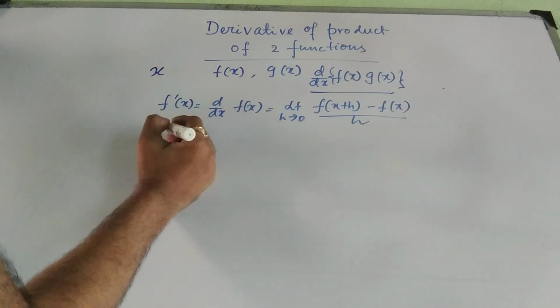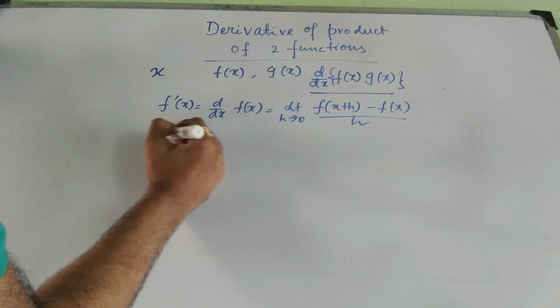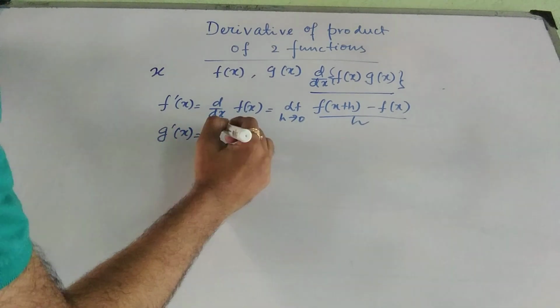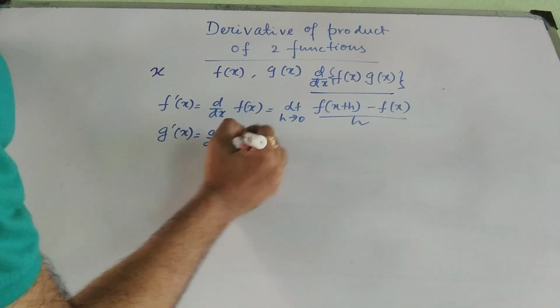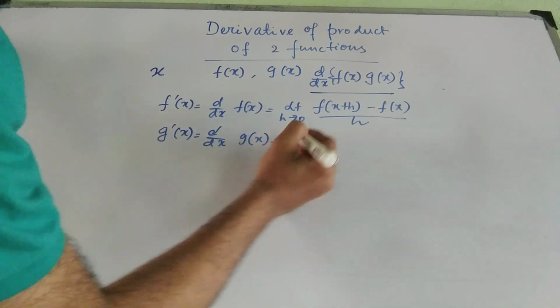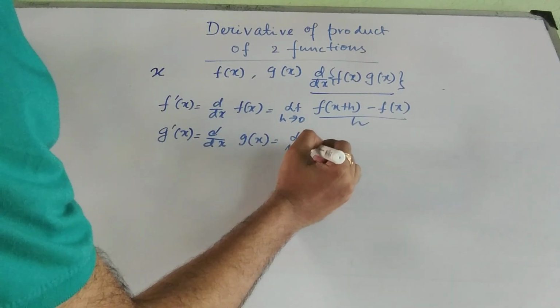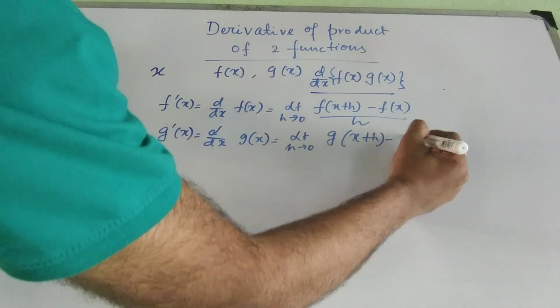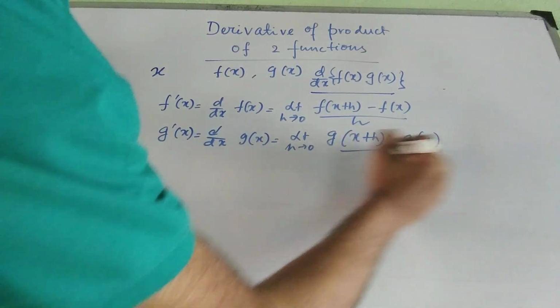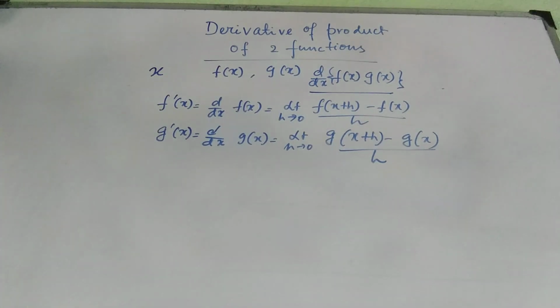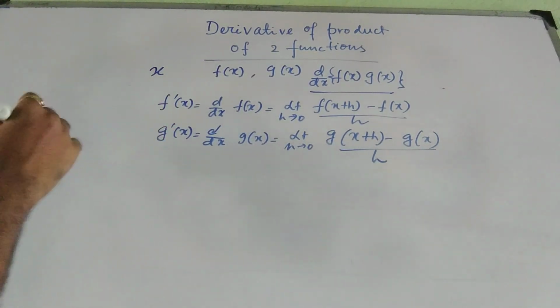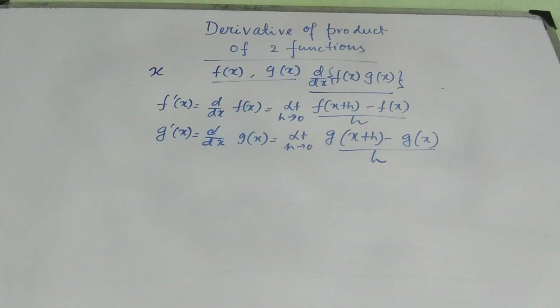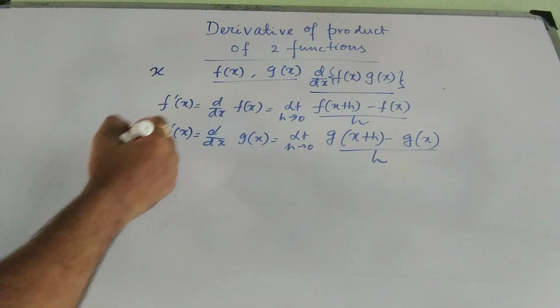So obviously g'(x) will be d/dx of g(x), the limit h tends to 0 of g(x plus h) minus g(x), whole divided by h. But we do not know how to find the derivative of their product.